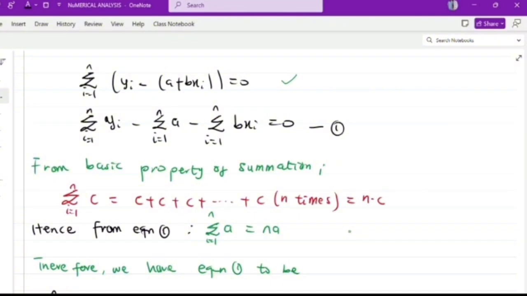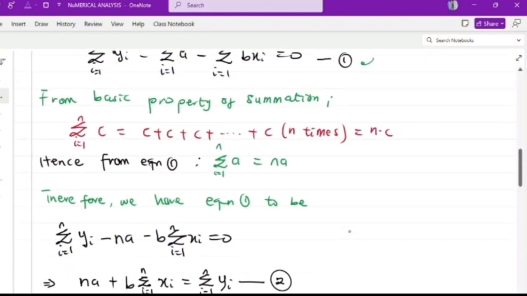If you multiply through with the summation symbol, you're going to get this, that is the summation of y_i minus a minus b x_i. So when I multiply through with the summation symbol, I'm going to get this one. Let this one be our equation 1.